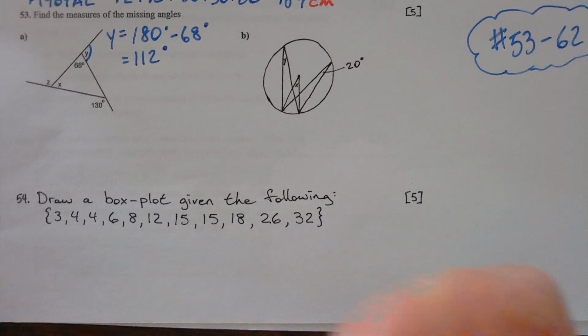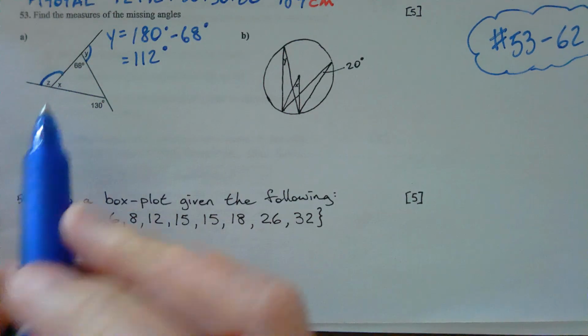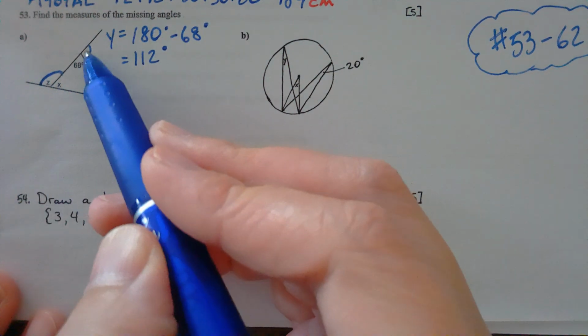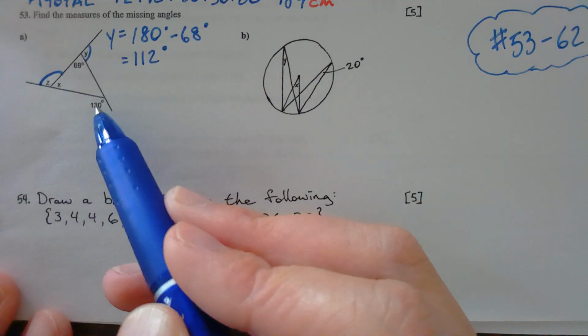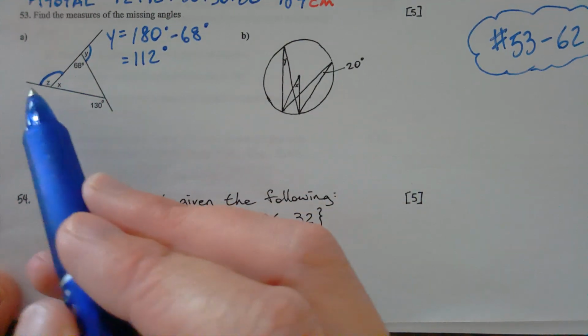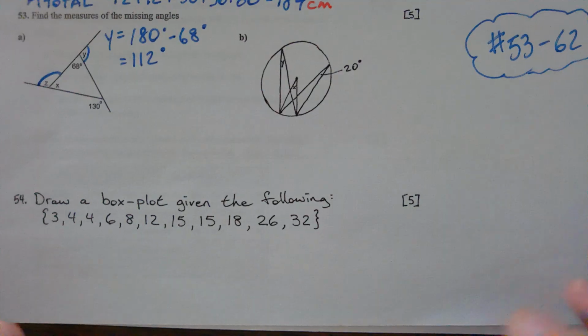Okay, there's two different ways you can solve for x and z. I'll show this way actually. You can solve for z because you have the two other exterior angles. All three exterior angles actually add up to 360.